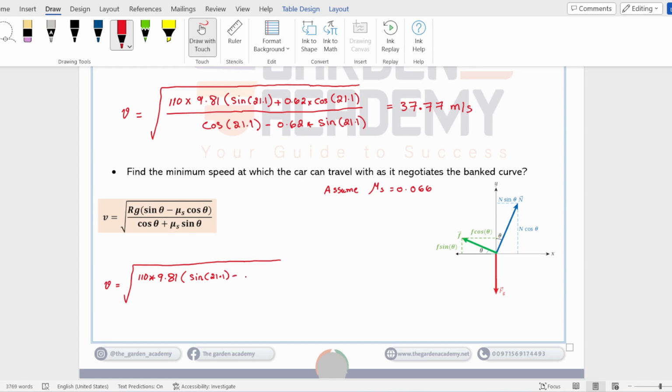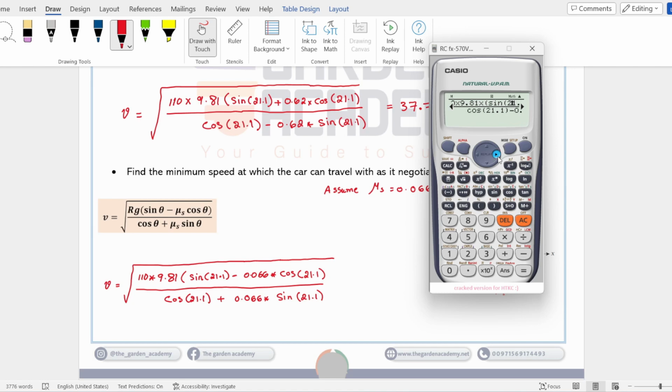Now we will take it as 0.066, which is a very, very smooth surface, times cosine 21.1, divided by cosine 21.1 plus 0.066 multiplied by sine 21.1. طيب, if we go back to the calculator, طبعا the only difference we will make is we will go there and we remove this and put a negative or minus instead, and we remove the minus from the denominator and replace it with plus. طبعا sorry. And then we just change the mu s.